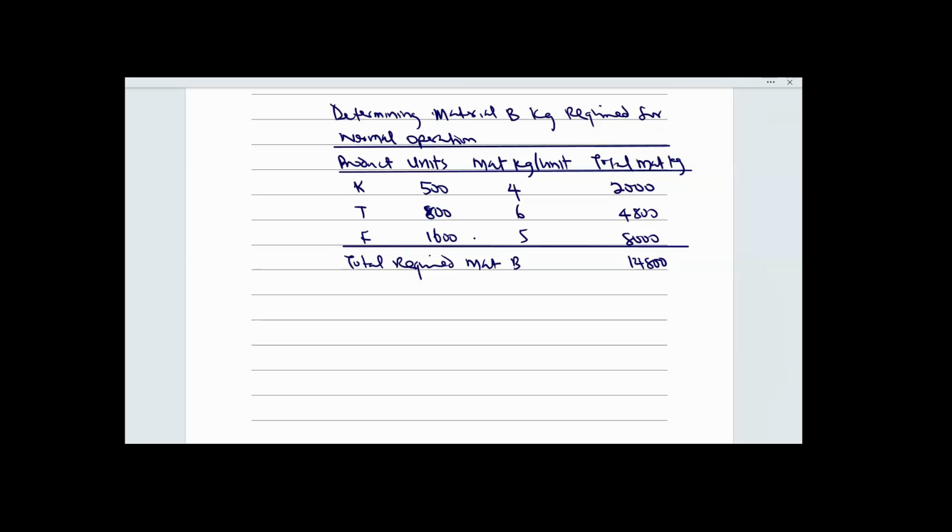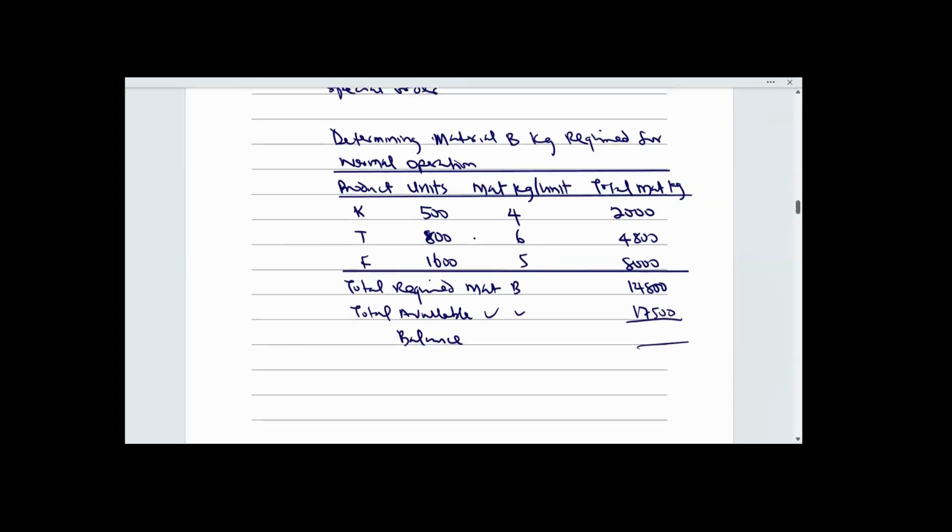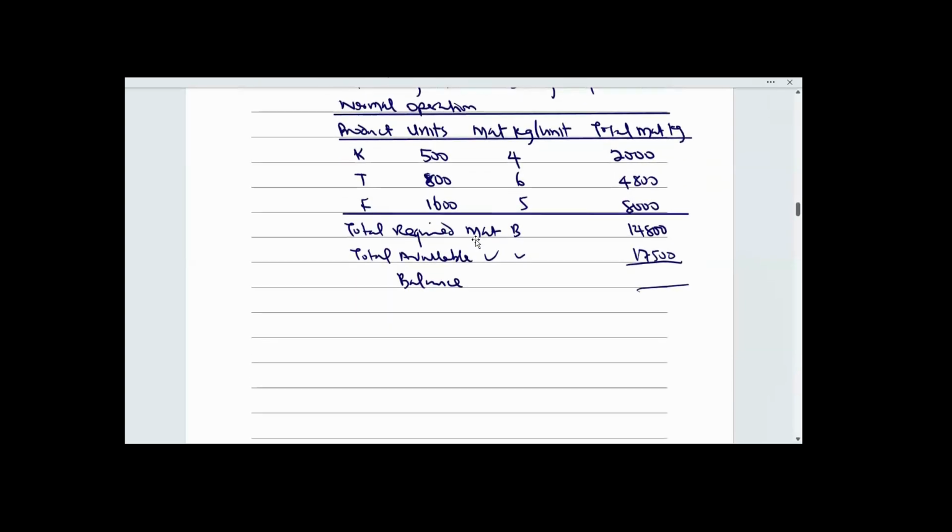Okay, then less total available material B 17,500. So the difference is the balance that will then be used to produce the special order: 2,700 kilogram.